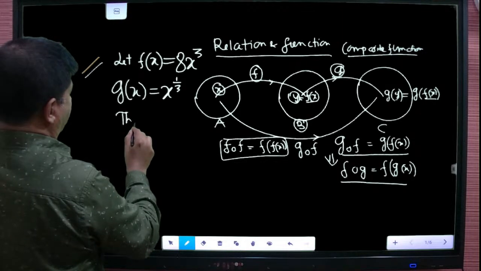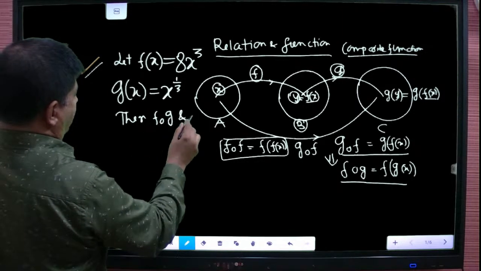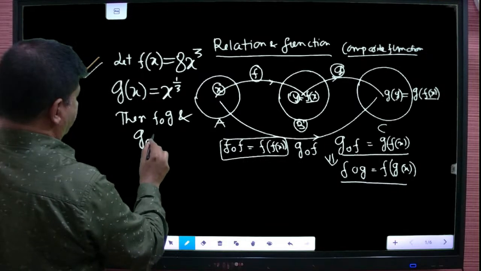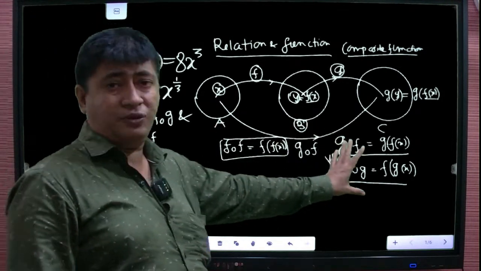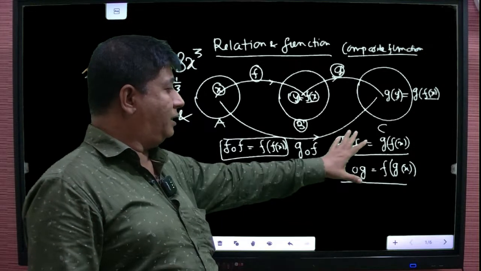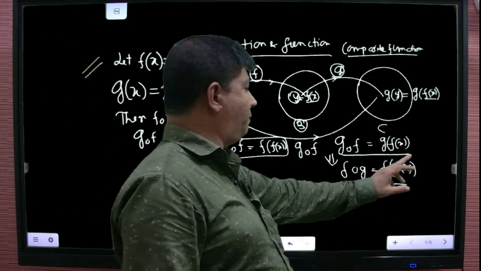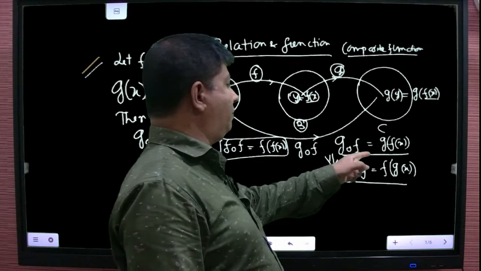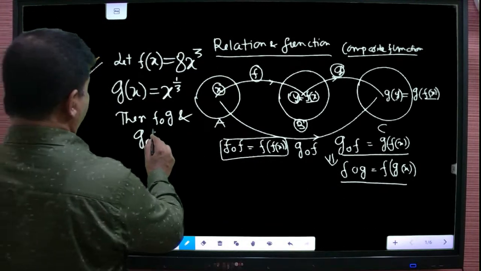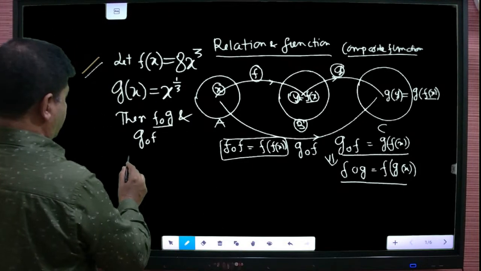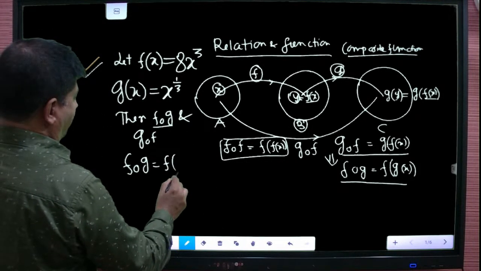Then you are told to find f o g and g o f. Now f o g and g o f, one idea we have got here. f o g means composition of f of g(x), g o f means composition of g of f(x). Now f o g means f of g(x).